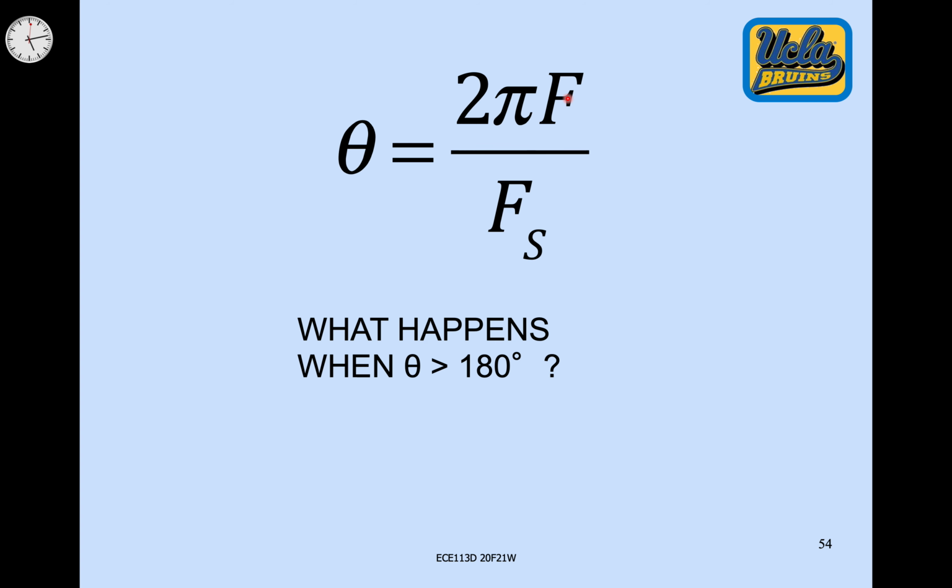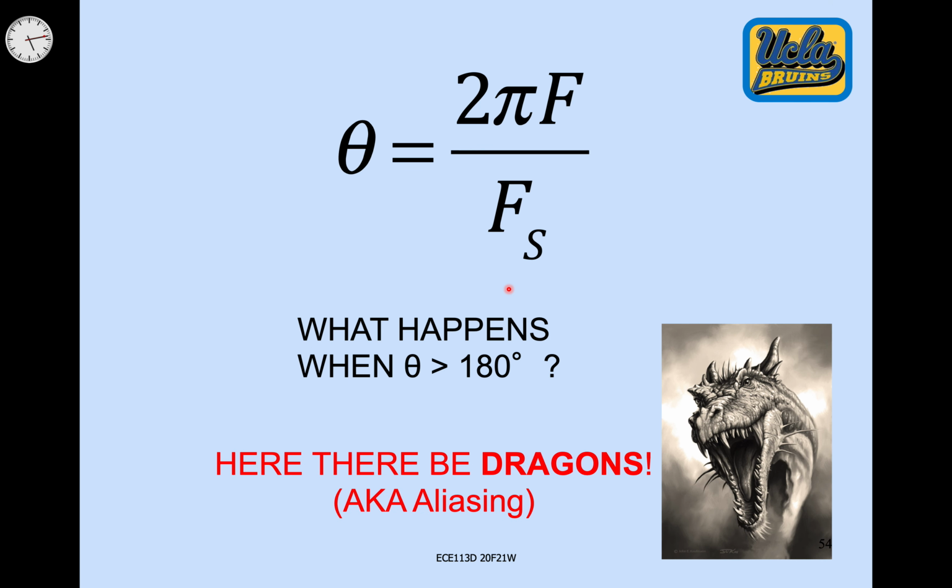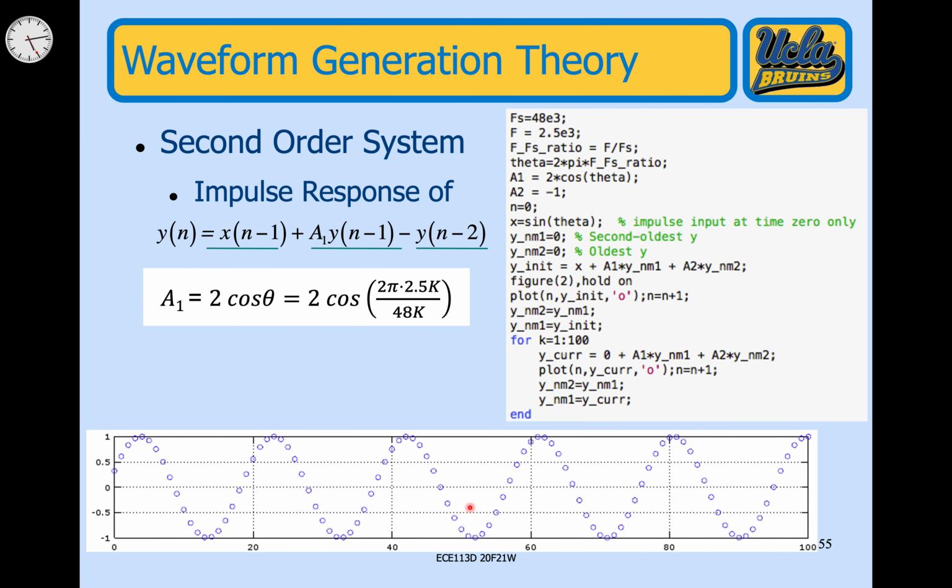And that means f will be greater than 1/2 of fs. That violates the sampling theorem. And so what happens is you get aliasing. You have violated the sampling theorem, you get aliasing. So that's what's going on there.